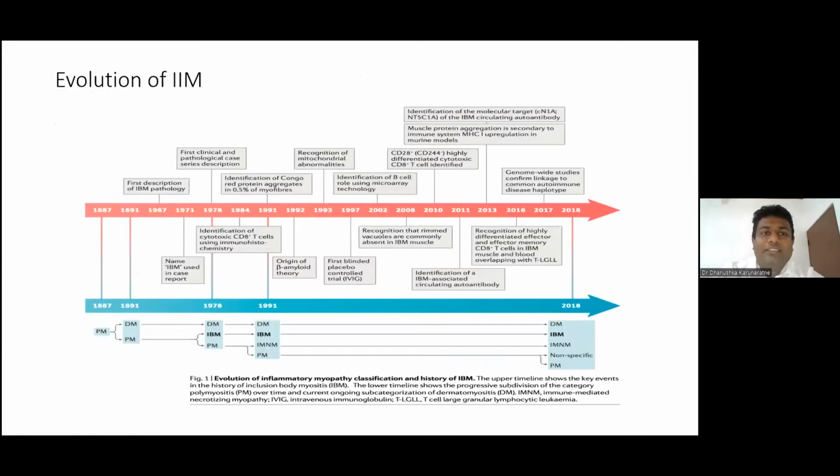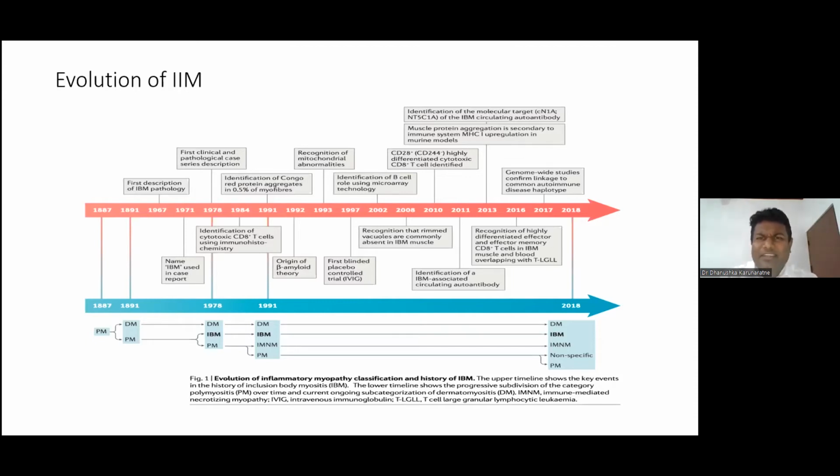We'll take a brief look at this flow chart, which shows us the evolution of idiopathic inflammatory myositis. It was in the 19th century, in 1887, that the disease entity of myositis was first described. And a few years later, they identified a clinical entity where myositis is associated with cutaneous manifestations, classically described in our textbooks as Gottron papules and the Shawl sign, and then came the entity of dermatomyositis into the classification picture.